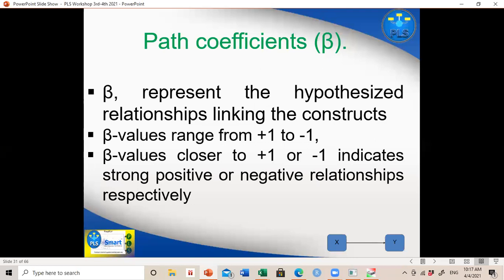We look at the value. The closer to 1, the stronger the relationship. If we look at 0.1, 0.2, 0.3, 0.4, then 0.4 should be stronger in terms of significance than 0.1.